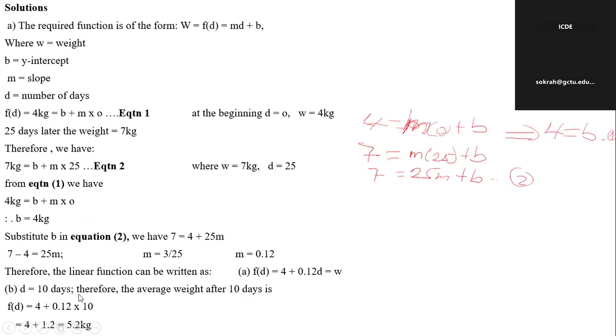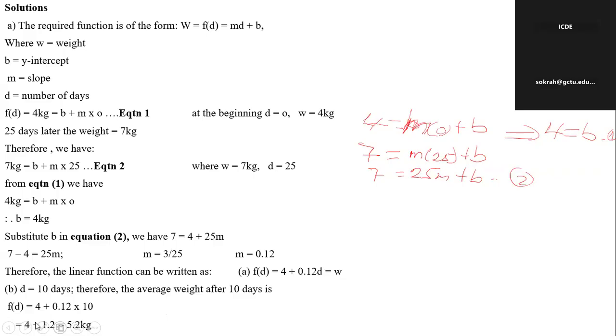So when D is equal to 10 days, what is the average weight of the hen after 10 days? You just copy this function, f of D is equal to 4 plus 0.12D. Then in place of the D, you put the 10 days.